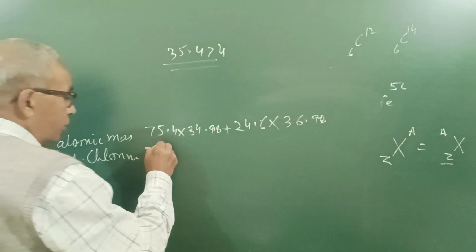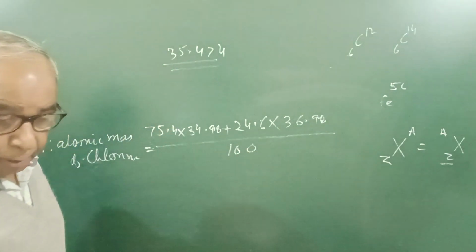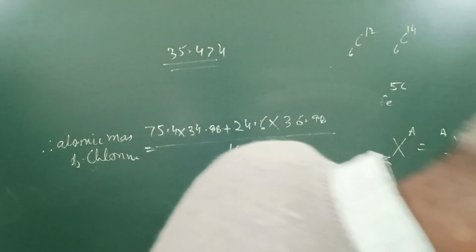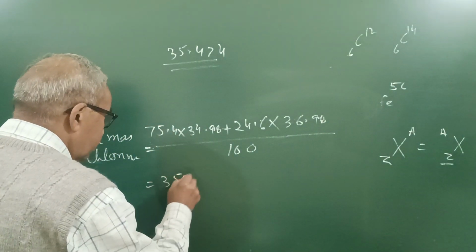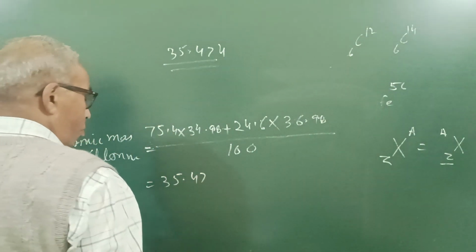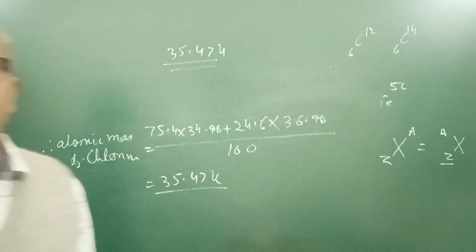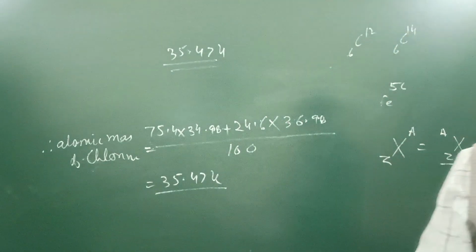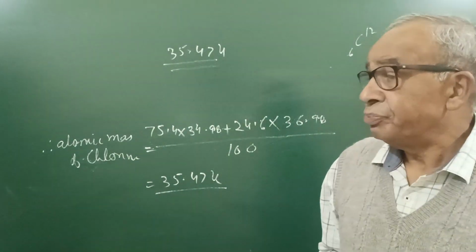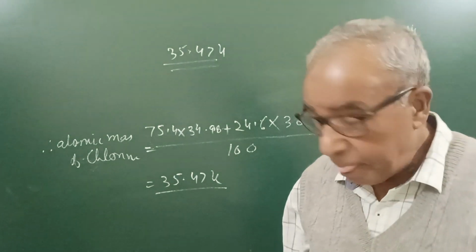Atomic mass of chlorine is equal to this plus this upon 100. And when we solve it, we get nearly 35.47 U. So the atomic mass of every element is the average atomic mass of its isotopes found in nature.